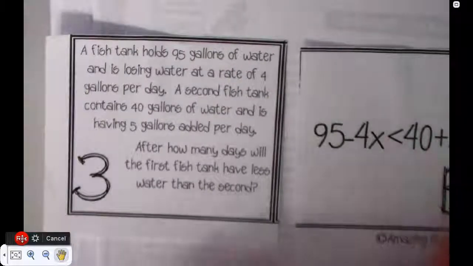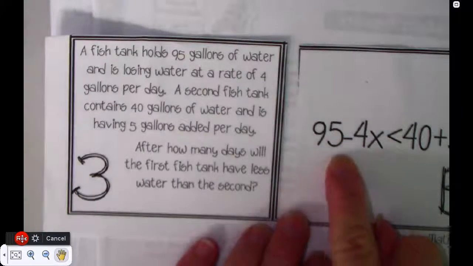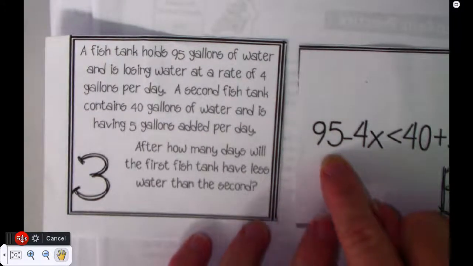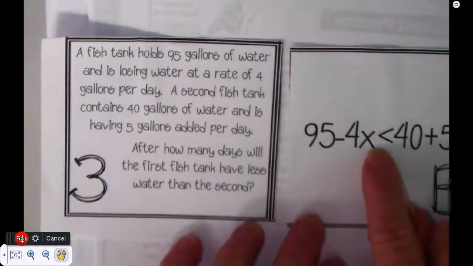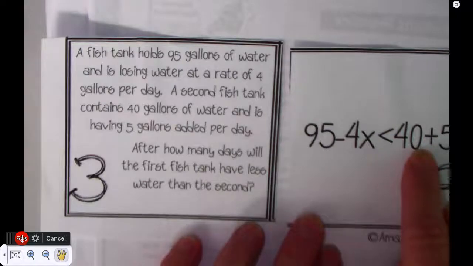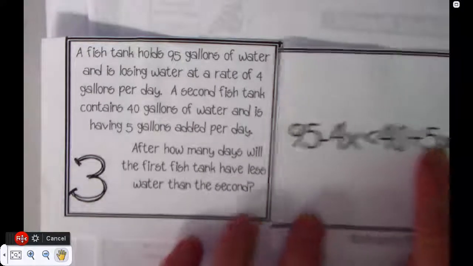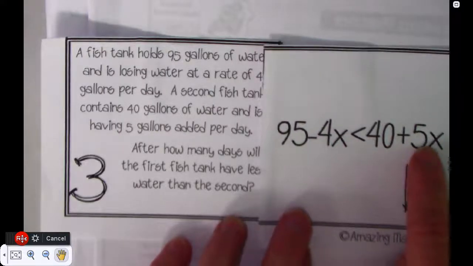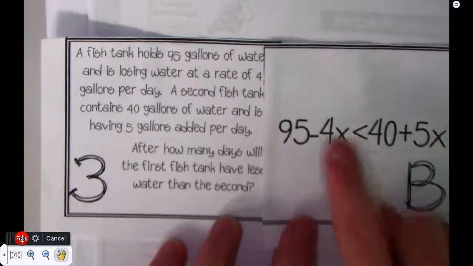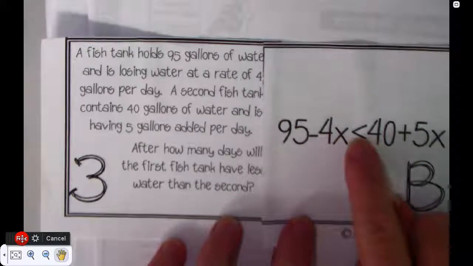Okay? 3 is B. The fish tank holds 95 gallons of water and is losing 4 gallons per day. The second one is 40 and is having 5 gallons added per day. So after how many days will the first fish tank have less than the second?